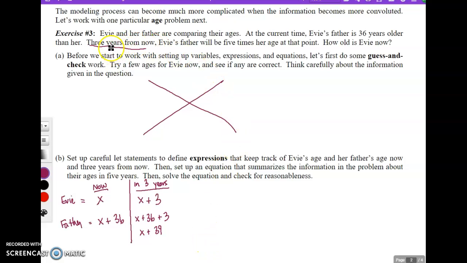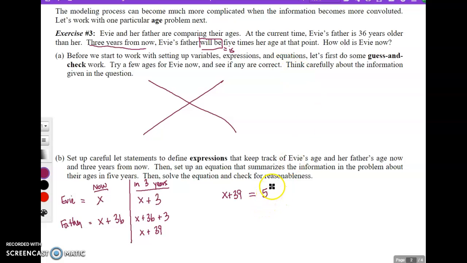Okay, it says 3 years from now, Evie's father. Well, how old is her father in 3 years? He's X plus 39. He will be. Will be is the future tense of is. So is means equals. All right, so her father in 3 years, X plus 39, will be equals 5 times Evie's age at that point.